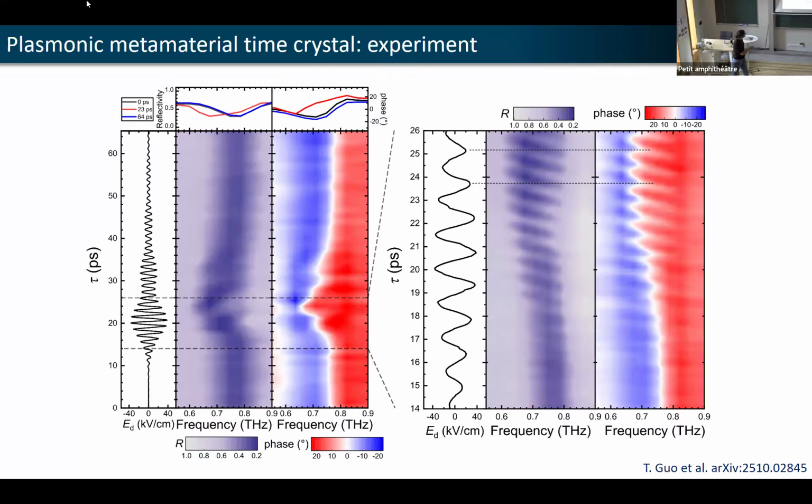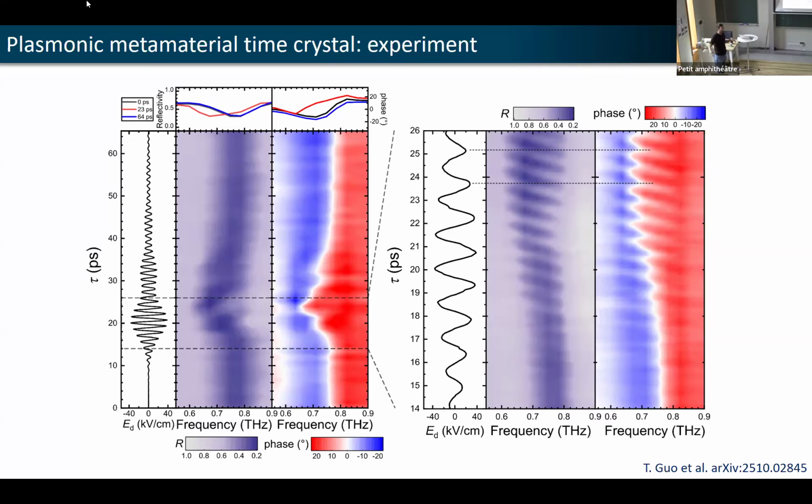Now, what's more interesting is when you zoom in on this region in the vicinity of the peak field. This is the pump pulse, and you can see that the cavity parameters, frequency or contrast, are modulated strongly, on the time scale of the cycle of the field itself. These are the ultrafast modulations I was talking about.